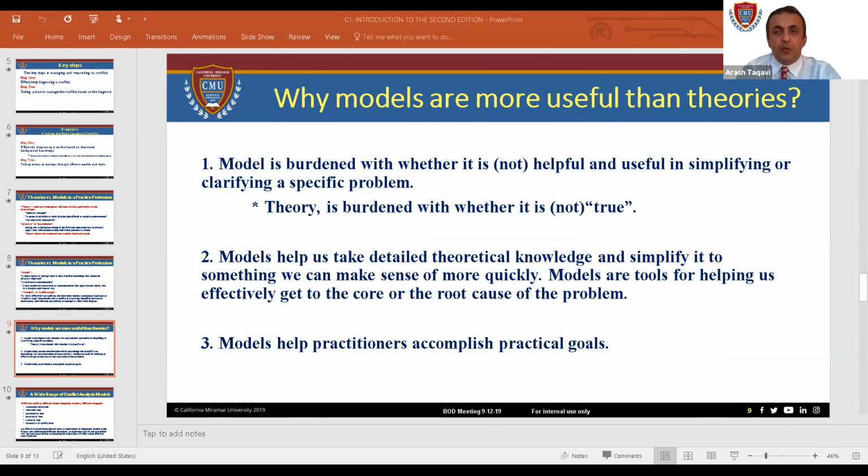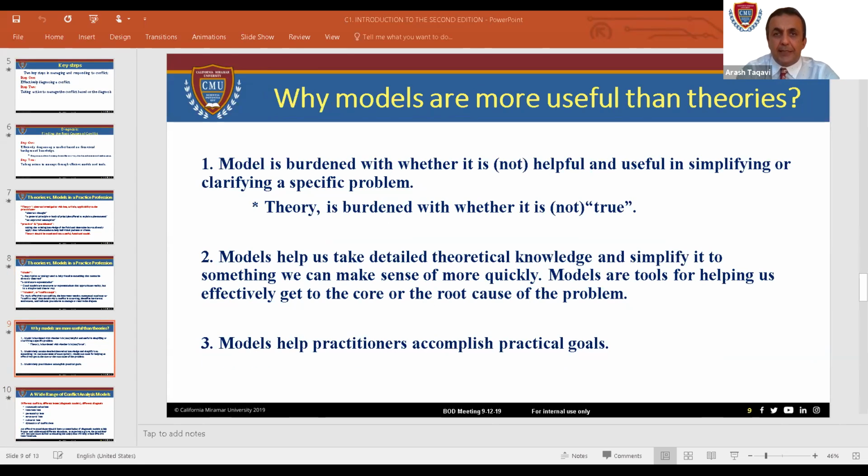Why are models more useful than theories? A model is burdened with whether it is or is not helpful and useful in simplifying or clarifying a specific problem. This is the criteria for assessment, for analyzing, for grading a model based on whether it is helpful or not helpful.